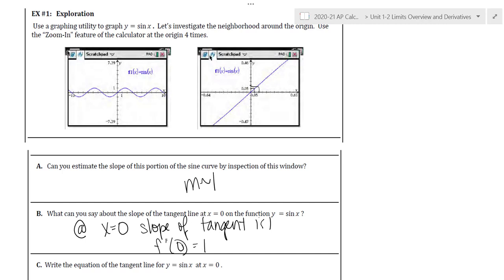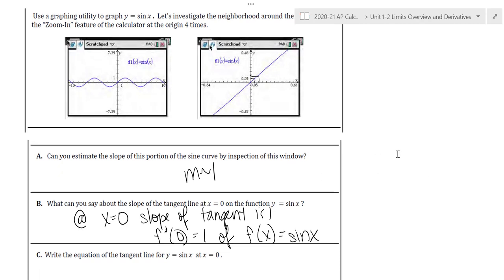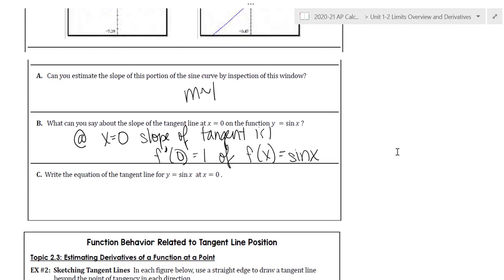We're saying that prime, remember, is like the derivative, or the slope, the instantaneous rate of change of f of x equals sine of x. So we're naming our functions here. So writing the equation of the tangent line at that point, I know that the slope is 1, but let's also think about how I write my equation for my tangent lines.